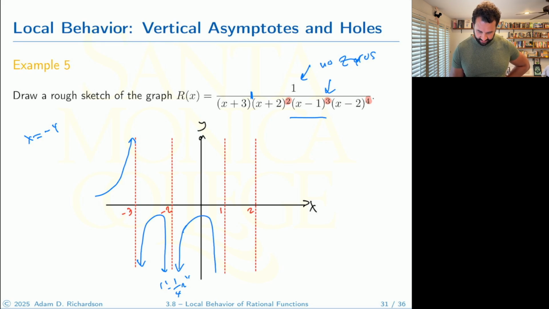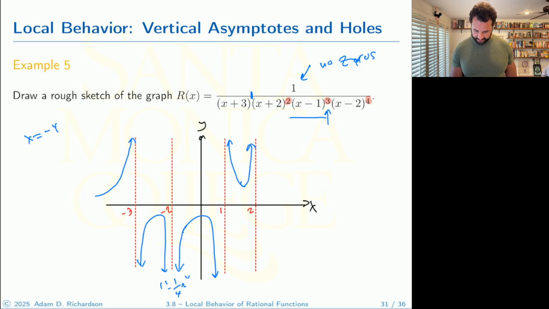But because this multiplicity is odd, it's going to have to come up like this, just like that. Right around this asymptote, it looks like that, or it looks like that. Everything's being determined by the fact that there are no zeros and the local behavior at those asymptotes. So we got 1. Now let's do 2. 2 is even, so it's got to swoop back up like this again.